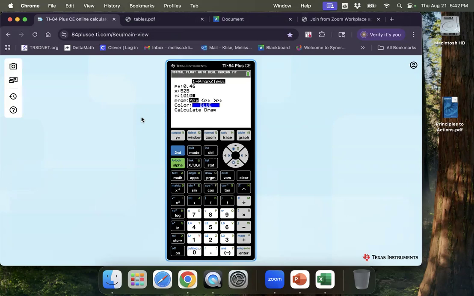I'm going to tell you something. Most of the time, I choose the wrong one down here. I almost always choose the wrong one. You can tell if you choose the wrong one because your probability just doesn't make sense.